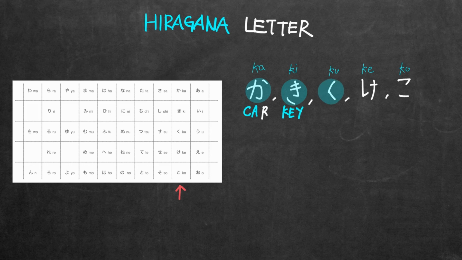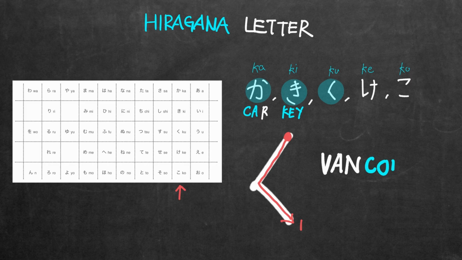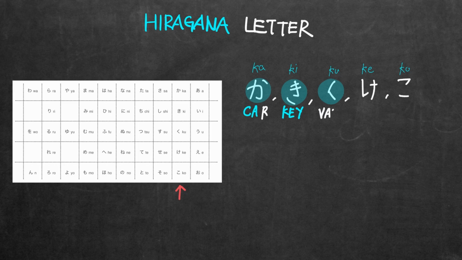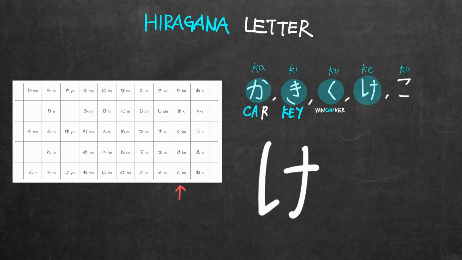Next is ku. It's pronounced as ku as in Vancouver. Next is ke. It's pronounced as ke as in kettle.